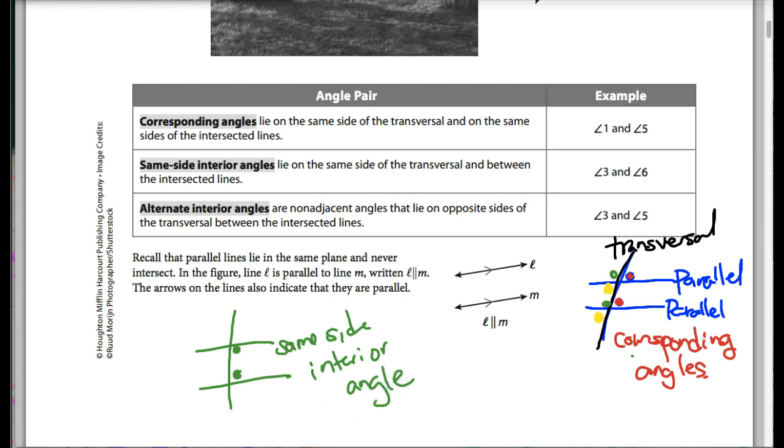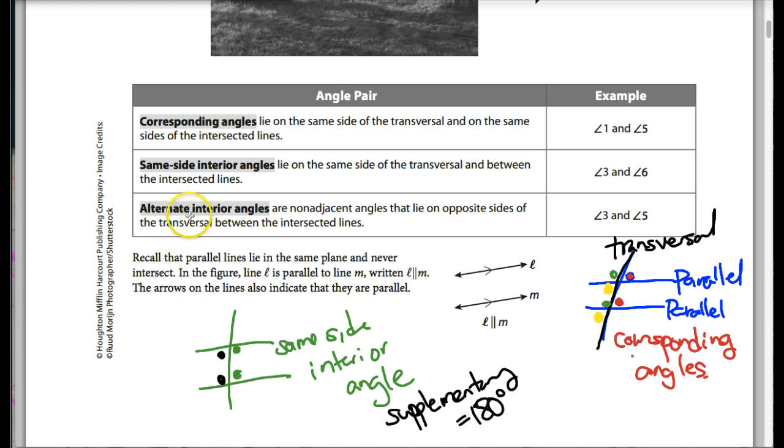It will be the same thing. These two black angles will be the same side interior angles. And what did I say? They are supplementary, which means when you add the two green angles together or the two black angles together, they end up to be 180 degrees, okay?